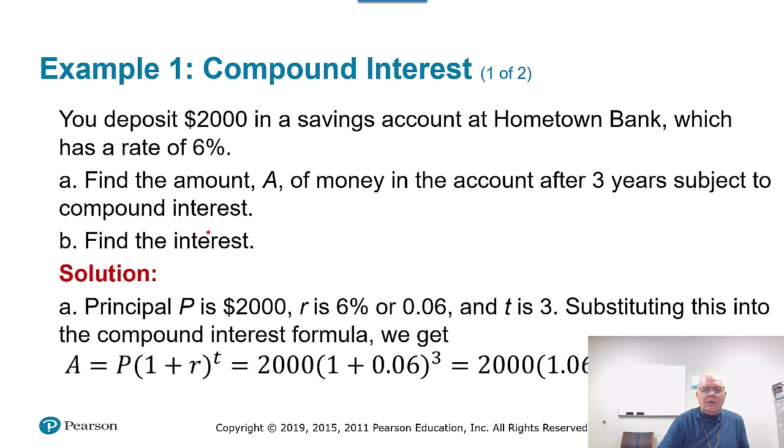So the principal is $2,000. It's from up here. The annual rate is 6%, but you want to use 0.06 because at some point you'll want to use your calculator. Notice that T is already in 3 years, so 3 is fine. Put those into that formula, and there's the principal, there's our 1, there's our annual rate, and this is the number of years.